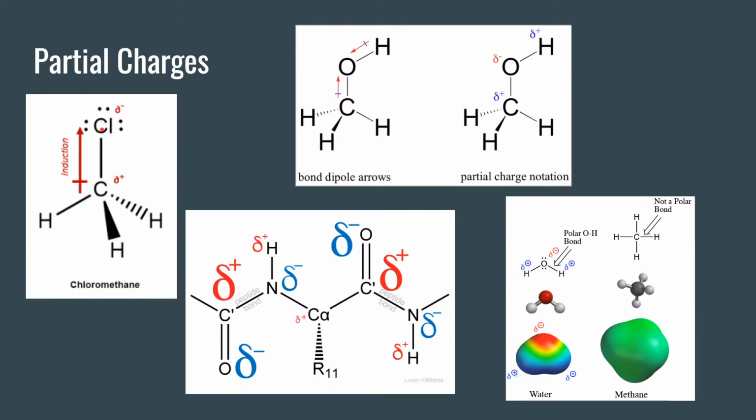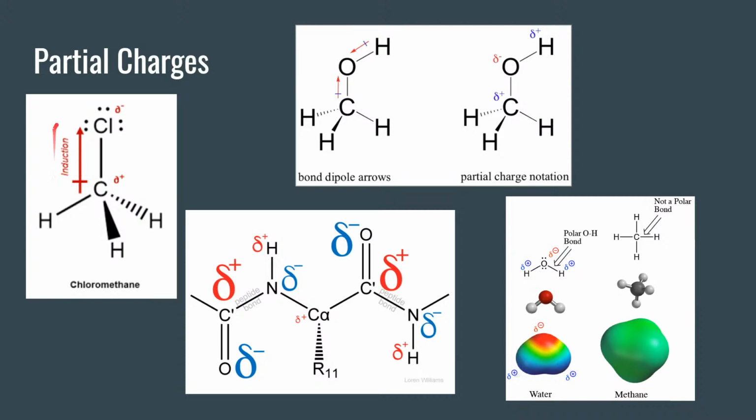Chlorine is more electronegative, so you have a partial negative charge on chlorine, a partial positive charge on hydrogen. This over here represents the dipole moment. Remember, a dipole means we have two poles. The moment just means the size and direction of the dipole: where the charges are, how big those charges are, and how far apart they are.